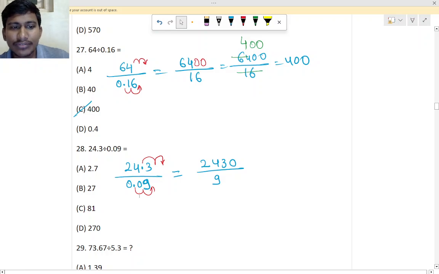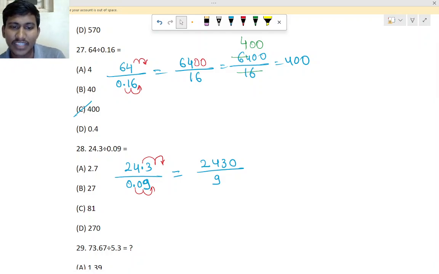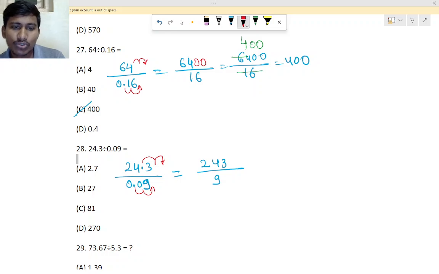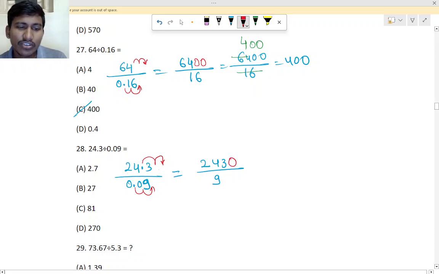One time if you shift, one more time there is nothing to shift, but we have to give 1 extra 0 there, because no decimal place here. Nothing means 0 will be there. So then what will be the answer?